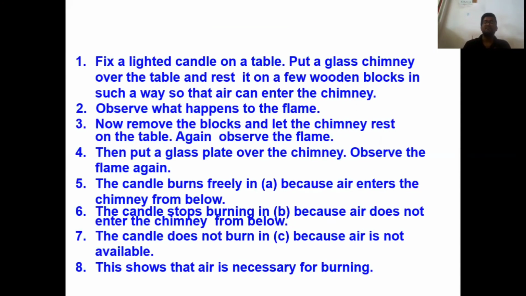So students, in figure A, the candle burns freely because air enters the chimney from below. The candle stops burning in figure B because air does not enter the chimney from below. The candle does not burn in C because air is not available.